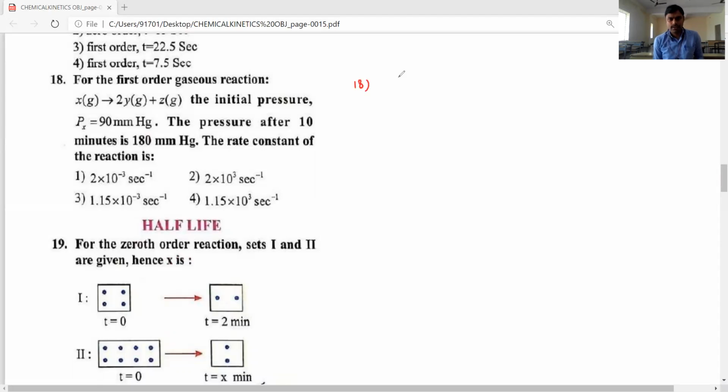X is converted into 2Y plus Z, they gave. Then the initial pressure of X, Px, is equal to 90 mm of Hg. Now at time t, the pressure of X decreases by some value.